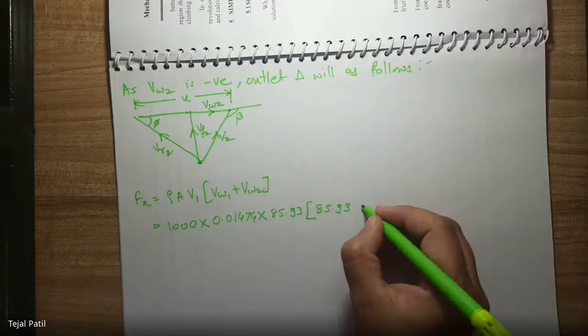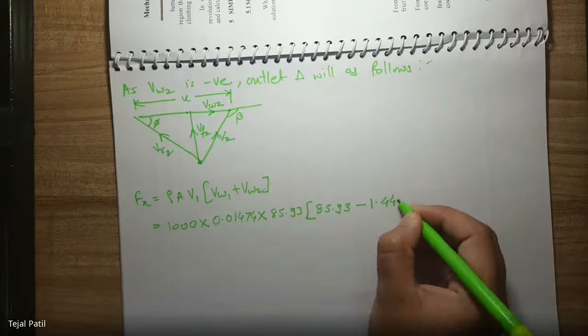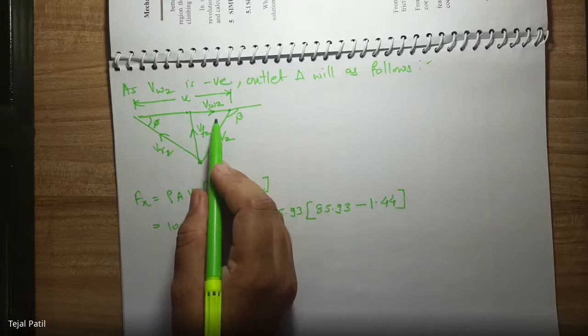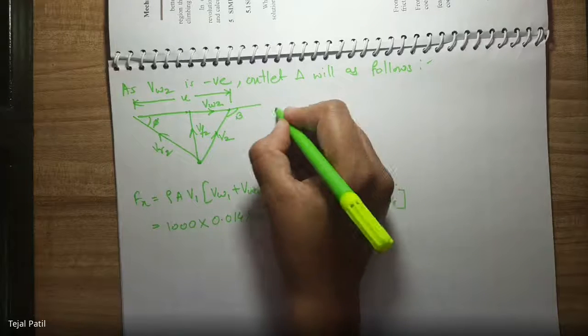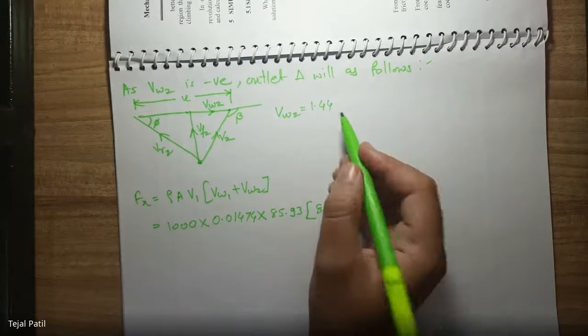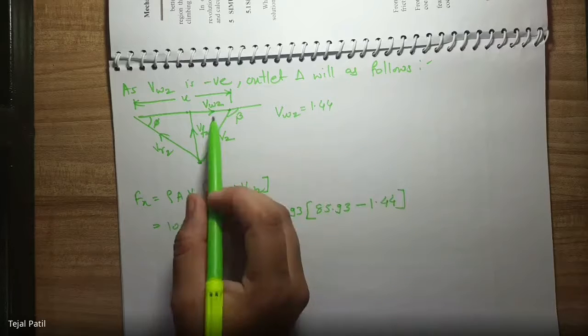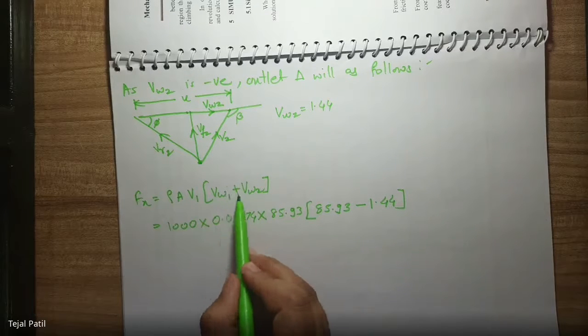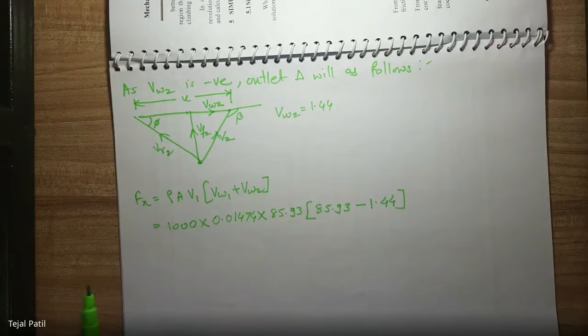So minus 1.44. If you are using this triangle, your VW2 will be equal to 1.44, that means it will be positive. But as it has gone in the negative direction, automatically here it will be with a minus sign.